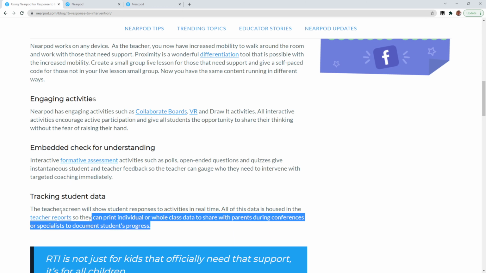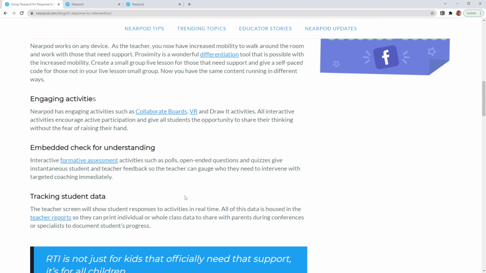It also allows you to track student data, right? All of this data is saved on a teacher report, so you can see individual grades or the whole class data, and it's broken up by question, so you can see exactly what questions need work or what standards your questions have aligned to, right?